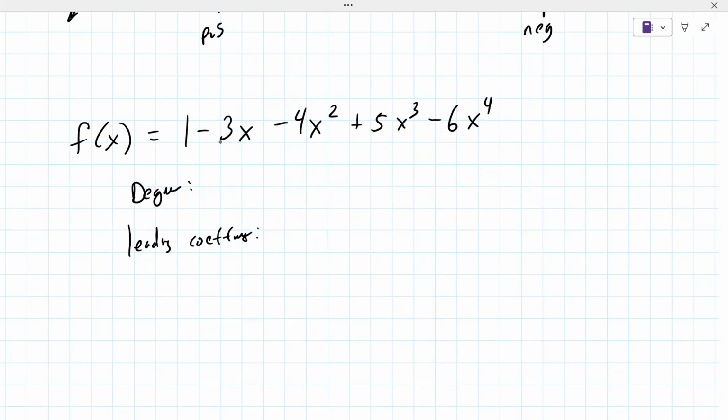Here, the degree is 4. Good. Is that even or odd? Even. Good. And the leading coefficient is -6. It's -6, and you said the important thing, it's negative.